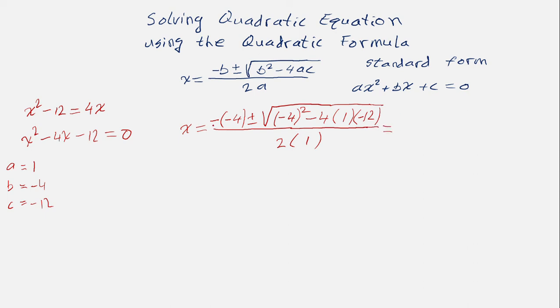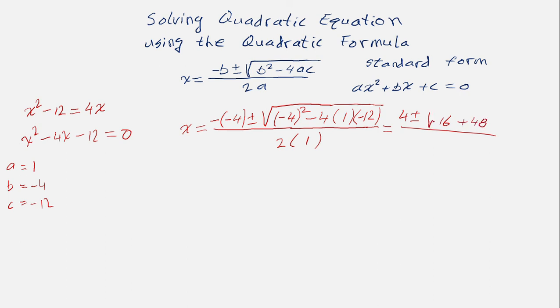So negative 4 will give us 4, and then we have our plus minus. The plus minus is there because the square root is going to give us 2 answers, 1 positive, 1 negative. And then negative 4 squared is 16. And then negative 4 times 1 times negative 12 is 48, so positive 48, that's plus 48.